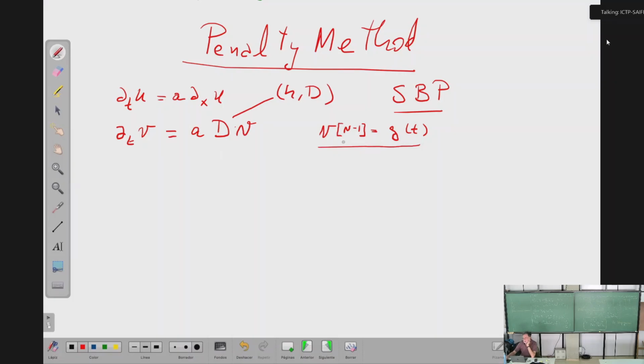But notice that if you do that, you are breaking the summation by parts because you are not using the derivative at the last point. You are just imposing this. So you should take this up to n minus 1 and then up to n minus 2 and then use this prescription. And that was what some people were doing for a while until somebody discovered that this was really unstable. So it's not the right way.